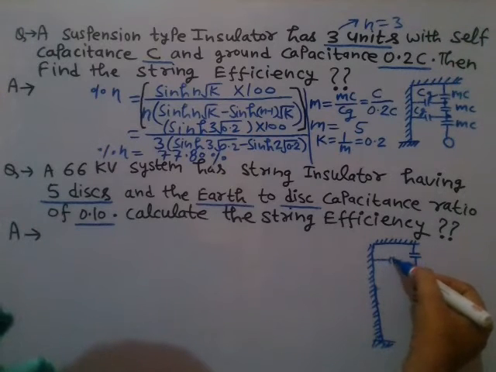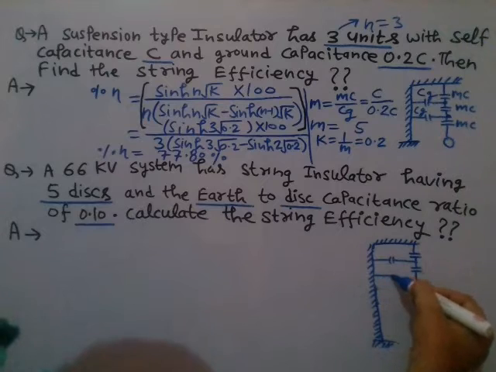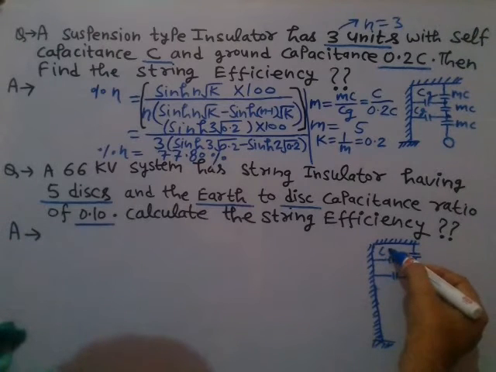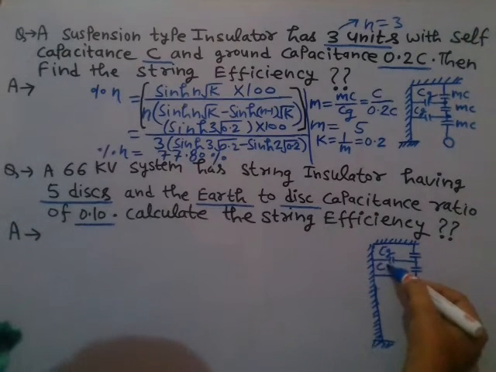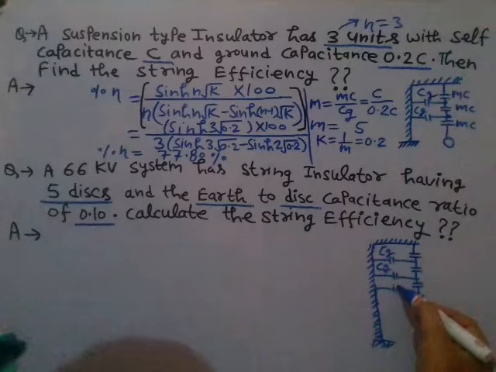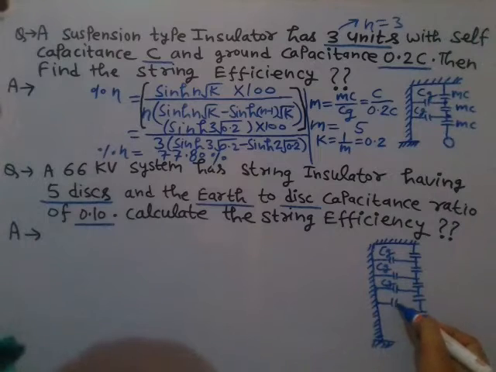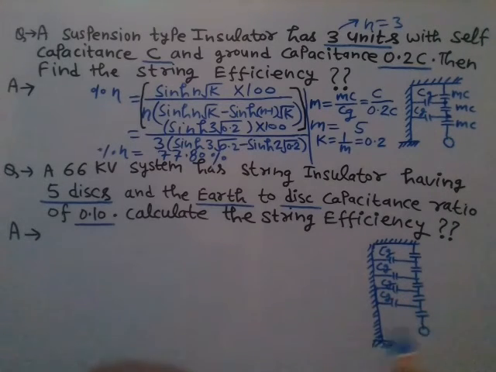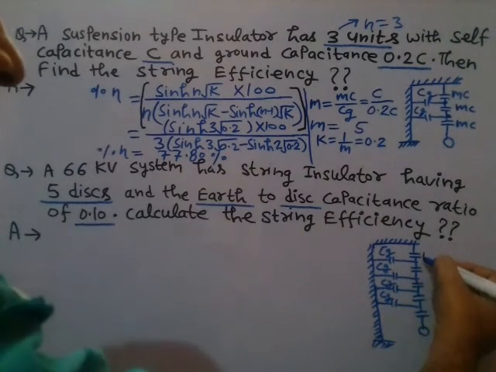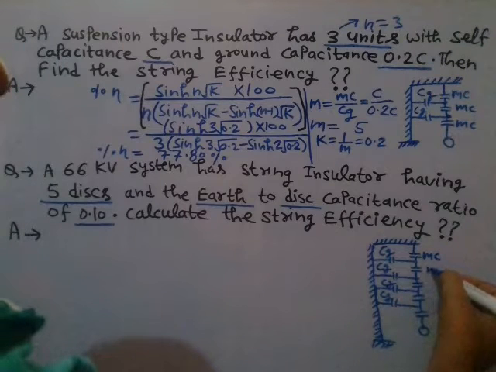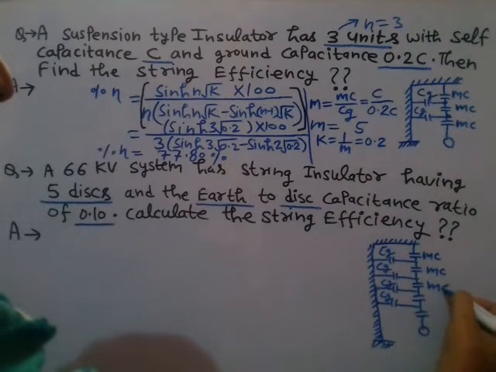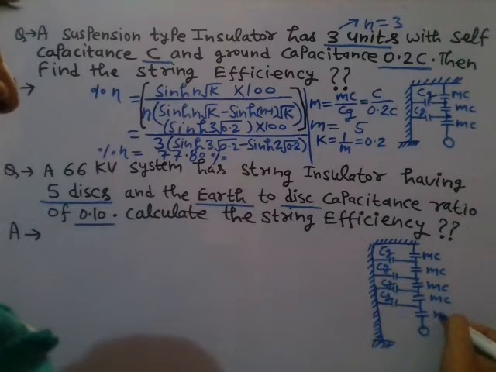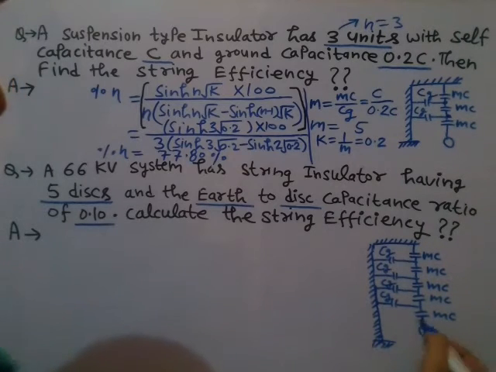This is the capacitance which is called the ground capacitance, Cg. So here again you have a ground capacitance Cg. This is the mutual capacitance or the self capacitance, let me denote it by Mc, and this is the power conductor, alright. So likewise you can solve this numerical very easily.